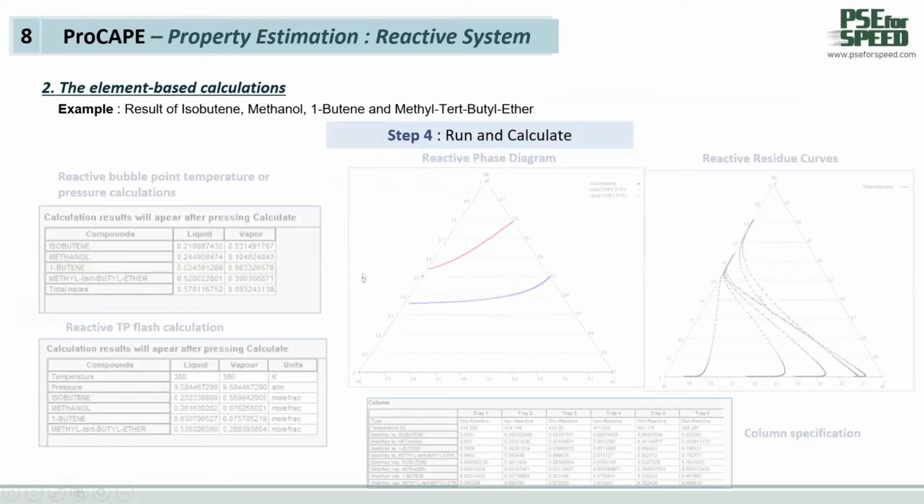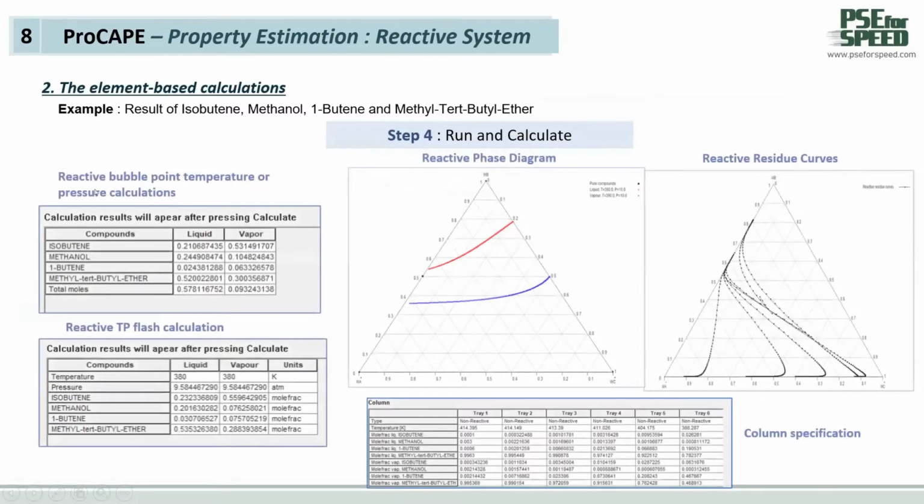And these are all the 5 calculations, which are reactive bubble point temperature or pressure calculations, reactive TP flash calculations, reactive phase diagram, reactive residue curve, and the column specifications.